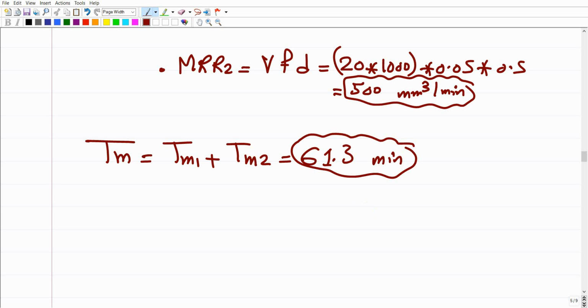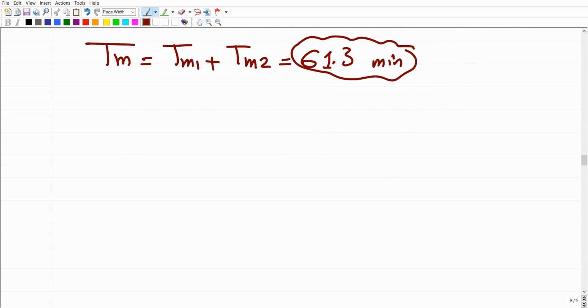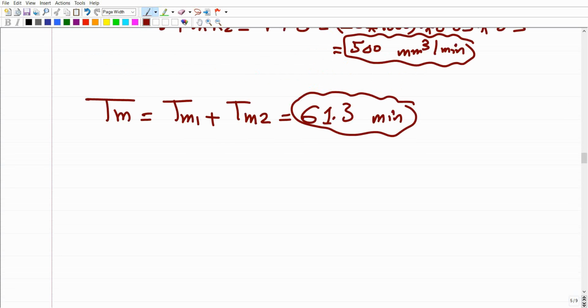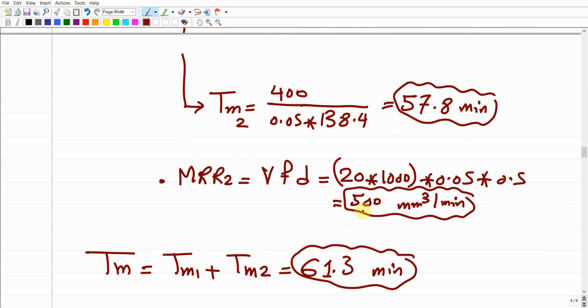But the total machining time should be added together to give 61.3 to finish the entire process over the two passes. Make sense? So this is simply how we can calculate, and over these 3 examples, we doubly explained how we can calculate the machining time and the meter removal rate for the turning operation.